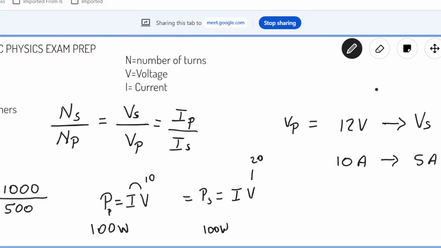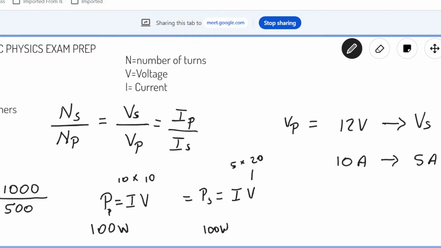Thinking about it mathematically, the only way we could get 100 in the first case is if the current was 10 amps, and the only way you could get 100 in the second case is if the current is 5. So if one goes up, the other one has to go down. That's conservation of energy.